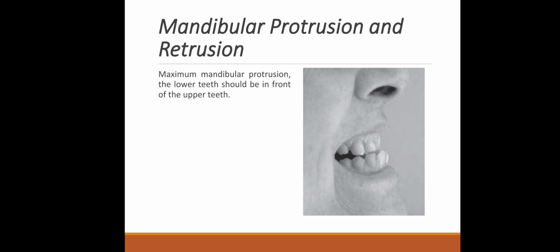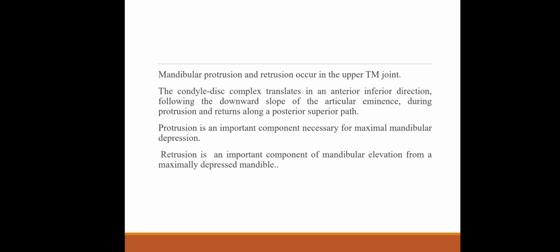Mandibular protraction and retraction. In maximum mandibular protraction, the lower teeth sit forward of the upper teeth. Mandibular protraction and retraction occur in the upper temporomandibular joint. The condyle disc complex translates in the anterior and inferior direction, following the downward slope of the articular eminence during protraction, and returns along the posterior superior path during retraction.